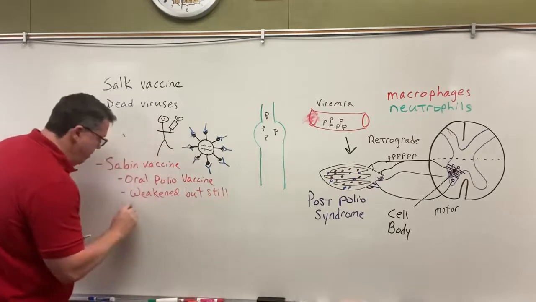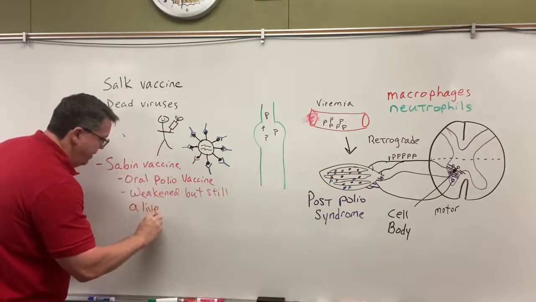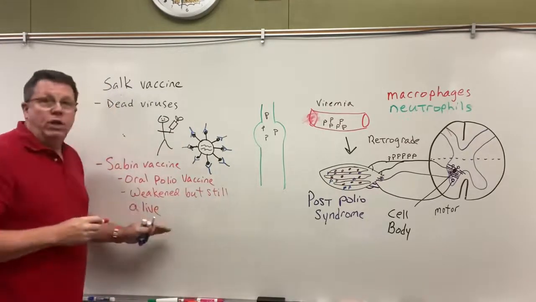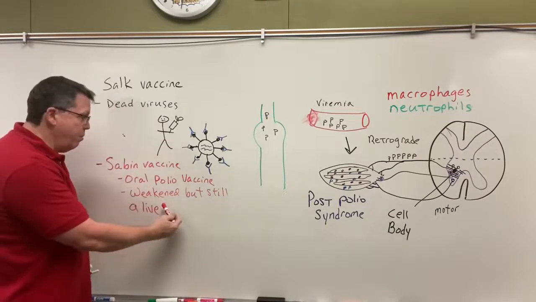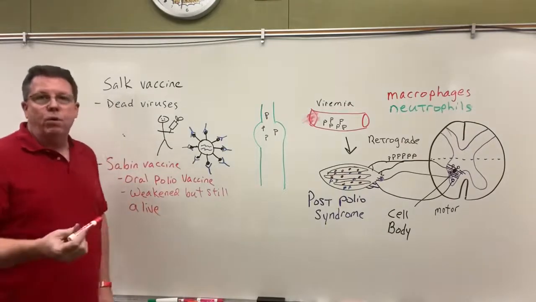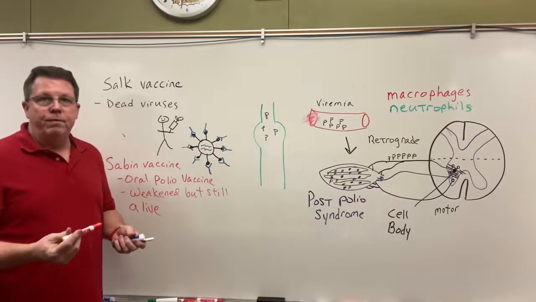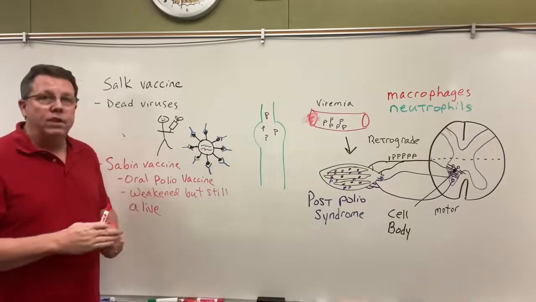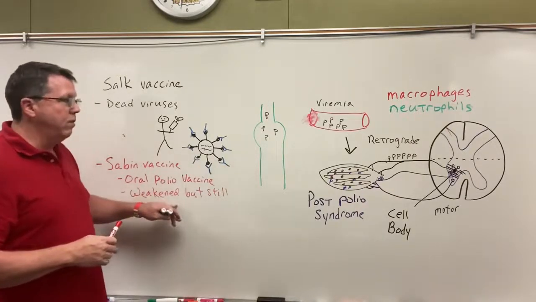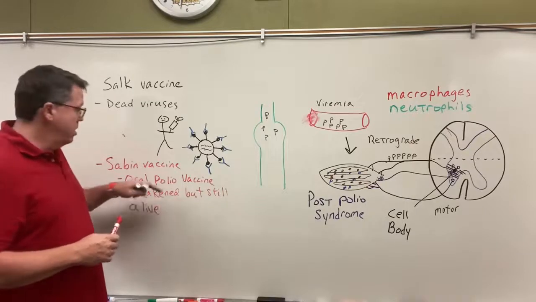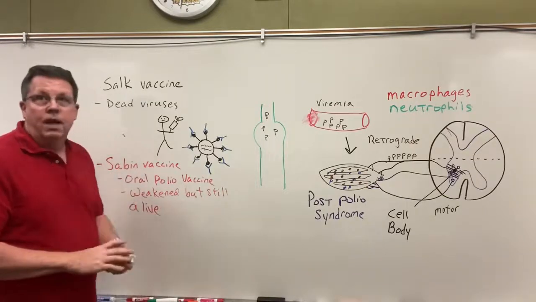The problem with this one is, yes, you could drink it, it was cheaper, but it would actually cause polio in some people. And it was a very small amount, and from what I've read, we don't do this one anymore. So that was the Sabin vaccine.